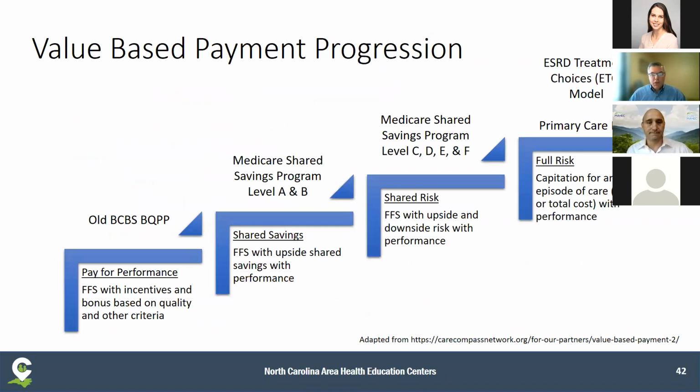Well, I think there's two. One would be if you're in a particular ACO, they are time limited in terms of how long they can stay in an upside risk only arrangement. So honestly, it may be forced where your ACO is actually moving to the next level. The other reason would be back to the quality outcomes.